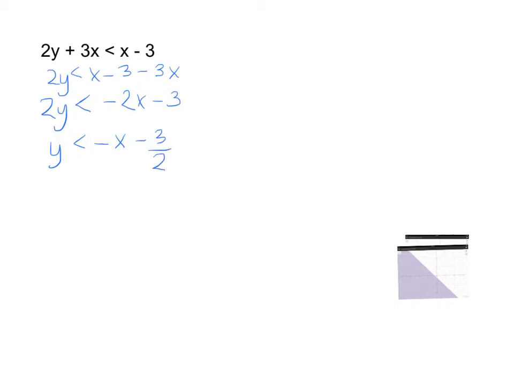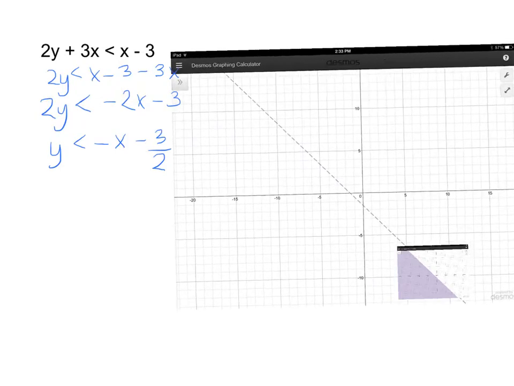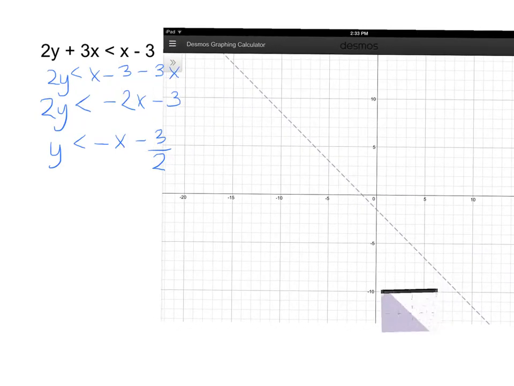And then the related equation is just y equals -x minus 3 over 2, which is here. That's what it looks like. It has a y-intercept of -3/2, or -1.5, and a slope of -1. So over 1, up 1, over 1, up 1. It's -1, so we're going to the left.